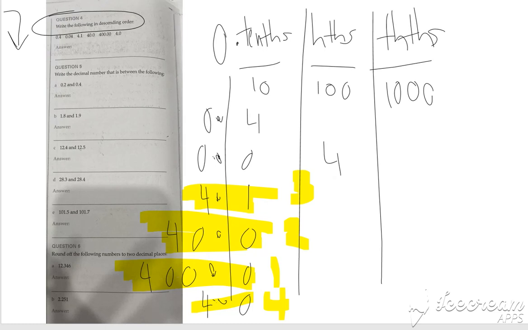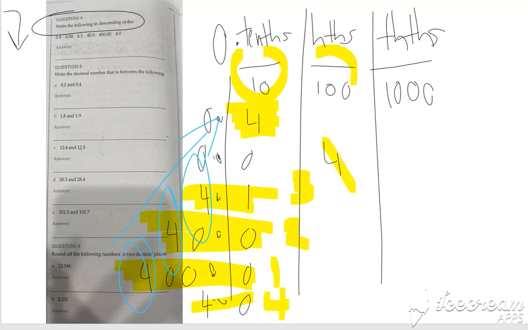Then I hope what you've been noticing is that this one was biggest because it was most to the left. Then this one, then this one. So we're going along, right, from biggest to smallest. So that means that the next biggest must be this one because it's in the tenths. Remember we said tenths were bigger than hundredths.